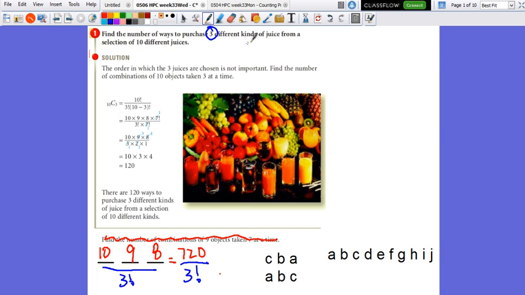If it's 5 different kinds of juice, it's 5 factorial. So our final answer is 720 divided by 3 factorial, which gives us 120. 120 combinations.